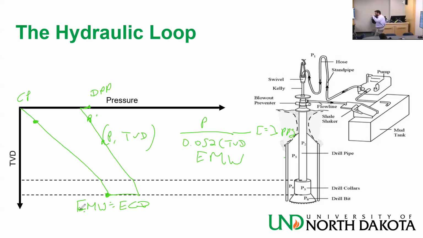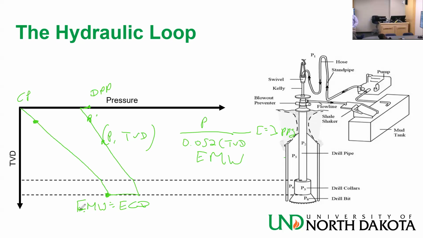It's a special value of EMW. But EMW is available all throughout the loop. That's the important thing. So if I ask you to give me EMW at a specific depth, you give me two values. But if I ask you for ECD, you just give me one specific EMW value at that point.